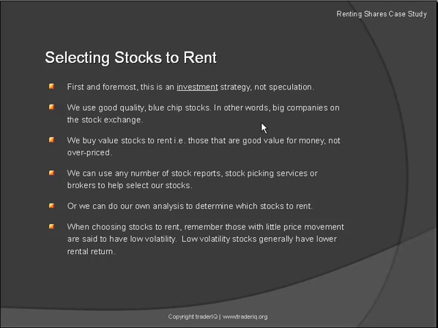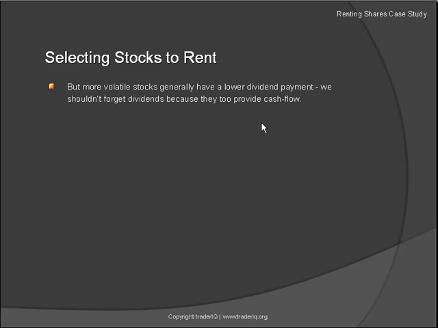Low volatility stocks generally have lower rental returns, and that makes sense because people are paying you to rent your shares in the hope that there's going to be a big price rise. If the stocks are very stable and don't go very far, of course the rental premium that you get is going to be less.